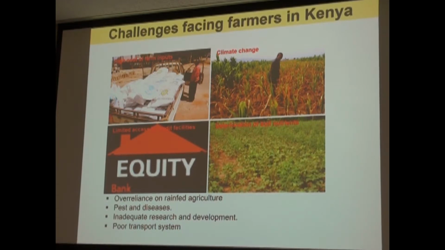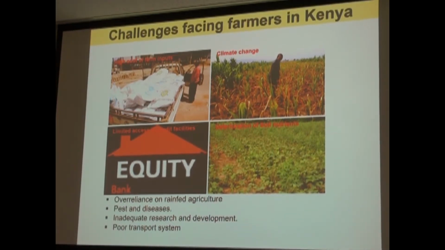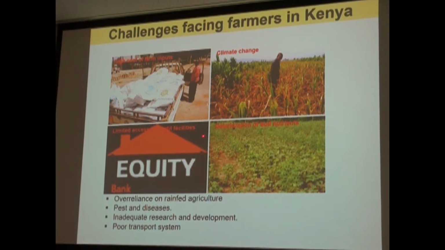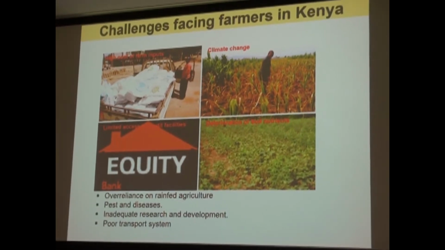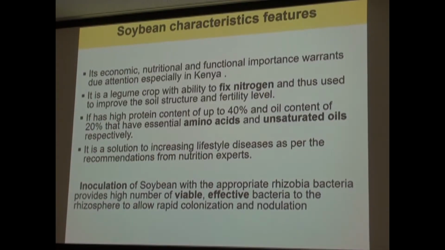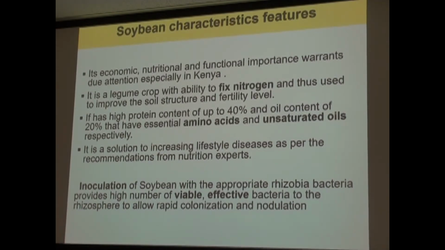The adoption of soybean production can solve the problem of high cost of farm inputs and deterioration of soil nutrients. Let me give some characteristic features of soybean. Its economic, nutritional and functional importance warrants due attention, especially in Kenya.